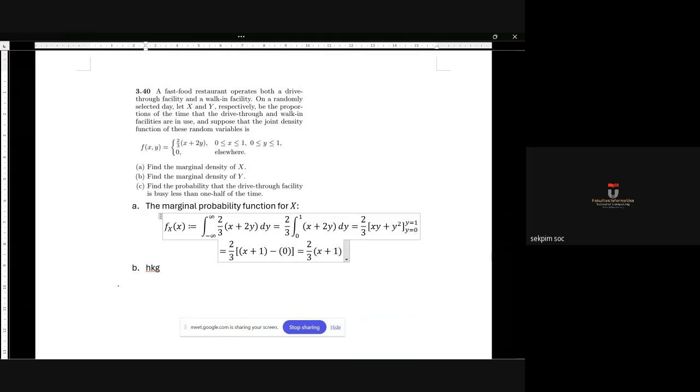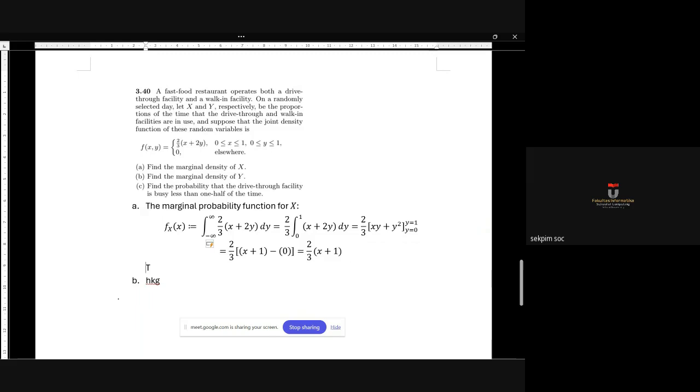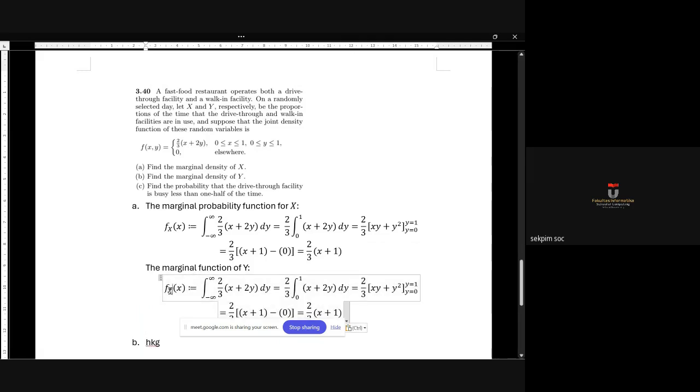That's all. Okay. And so for the marginal function of y, this is the function only depending on y, right? This depends on y, and we take the integral over all x, right?